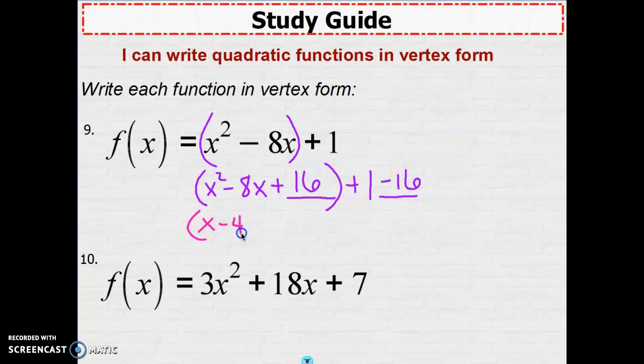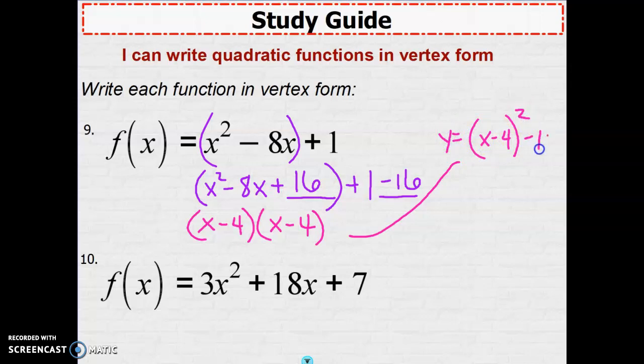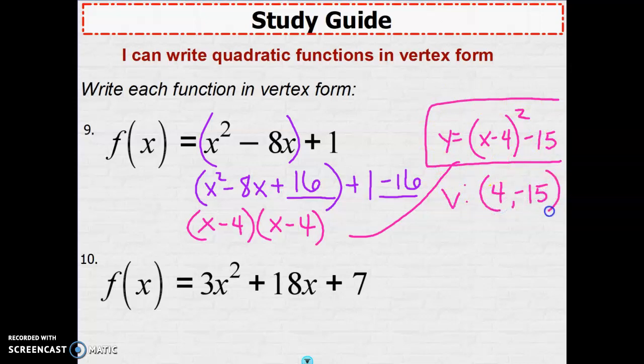Now you can make sure that this did in fact become a perfect trinomial that factors to x minus 4 and x minus 4. So you could write your final answer as the quantity x minus 4 squared and then minus 15 on the end. So that's vertex form. Of course, we like that form because now I can just look and see that my vertex would be at positive 4, negative 15.